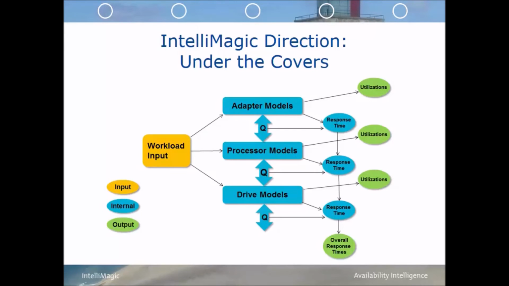To put it simply, the workload comes into the queuing model. There are adapter models, queue time spent at each adapter, and service times spent at each adapter. There are processor models. These are things like the Intel processors or customized ASICs or RISC processors that are embedded into the controllers.